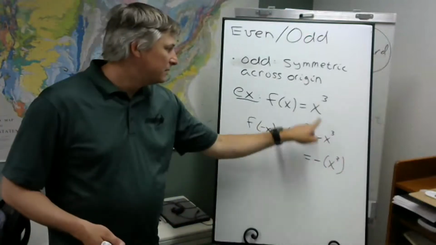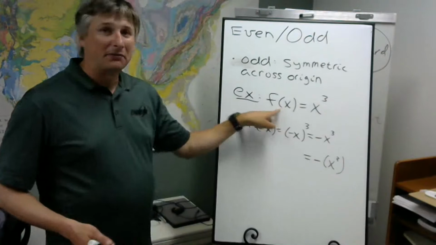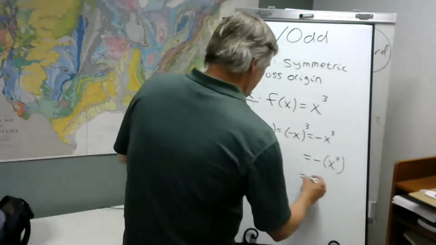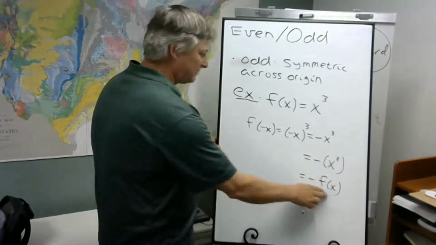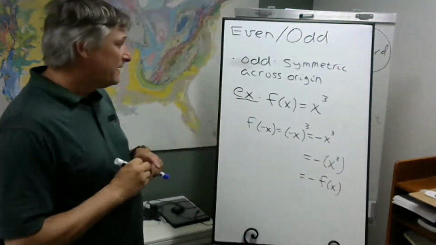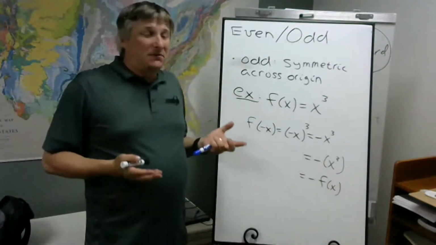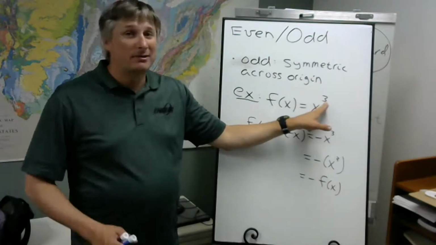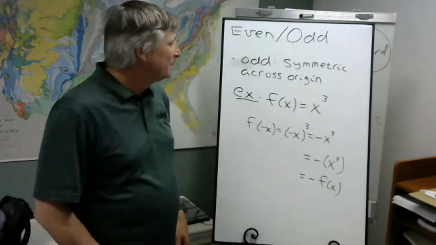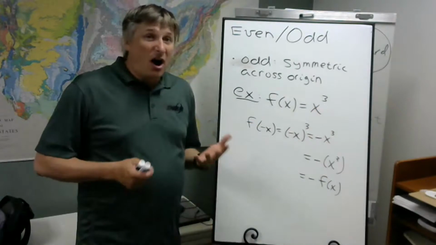But x cubed is f of x. This is negative f of x. And that's how that one works. In a way, you can remember that this is odd. Look at the power on the x. It's an odd number, a cube or a 3. So that's the idea of odd and even.